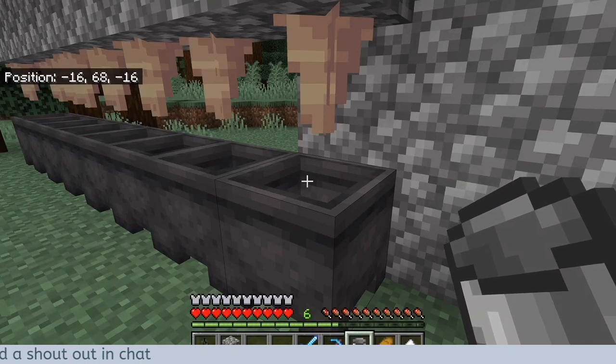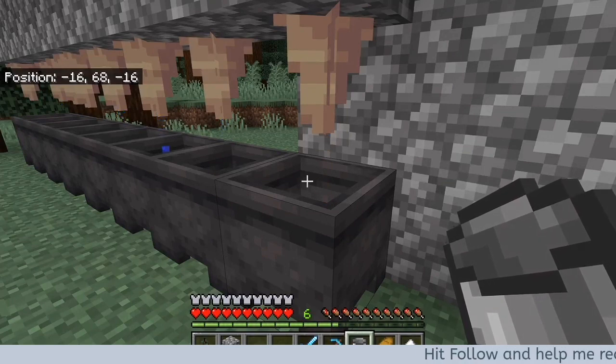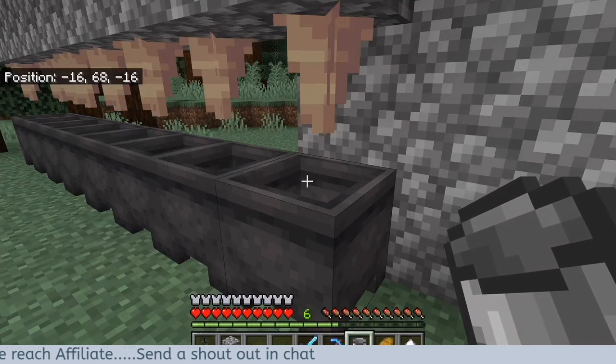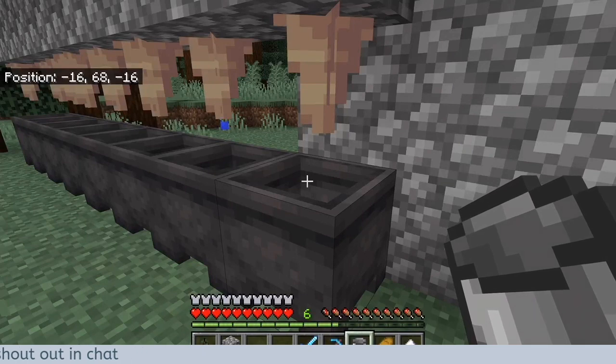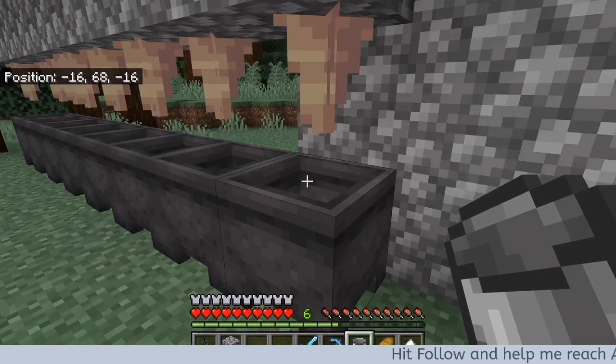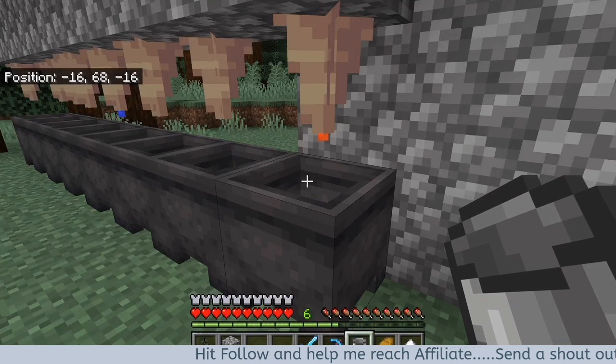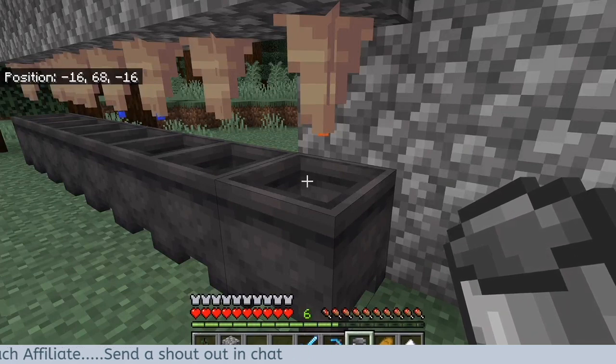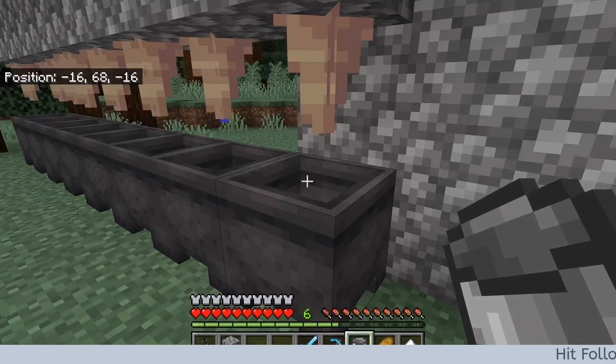Oh, I can hear the lava above bubbling away, but nothing down here yet. Very nice. Oh boy, moving right along.